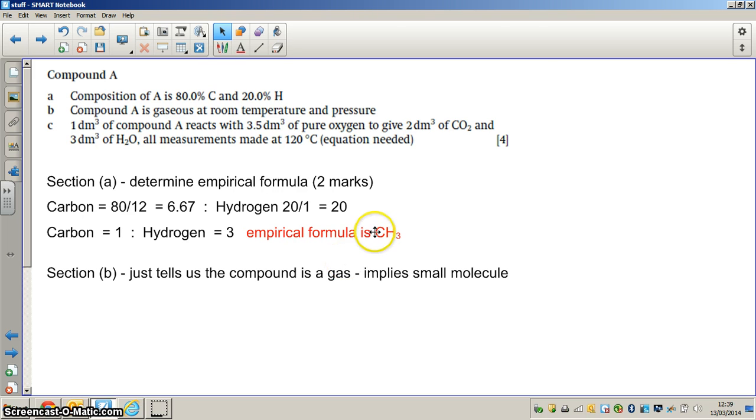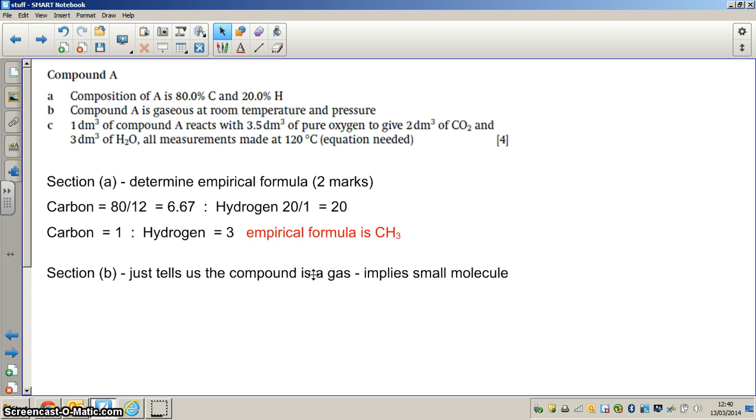In other words, we're only going to have small multiples of CH3, because the more multiples we have makes the molecule bigger, and the bigger the molecule gets, the more likely it is to move from a gaseous state to a liquid state. So the statement that it's a gas tells us that it is quite a small molecule.